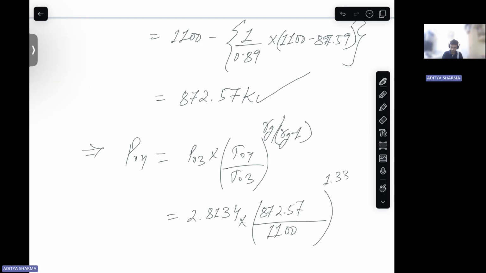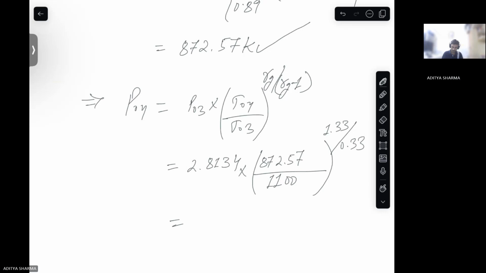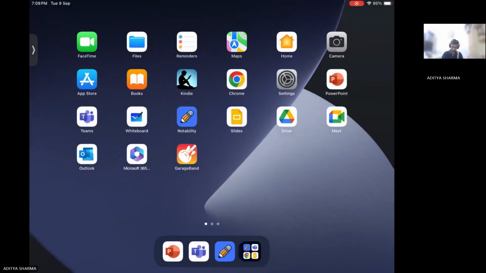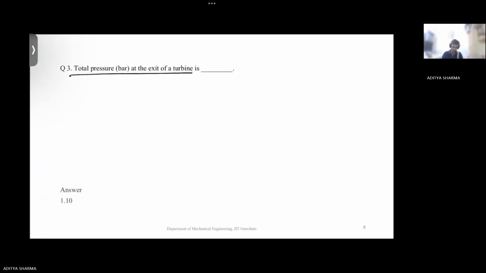Gamma G is 1.33 divided by 0.33. So if we calculate, this will come out to be around 1.1061 up to decimal points. So this is the answer to question number 3. Total pressure at the exit of turbine is 1.1.